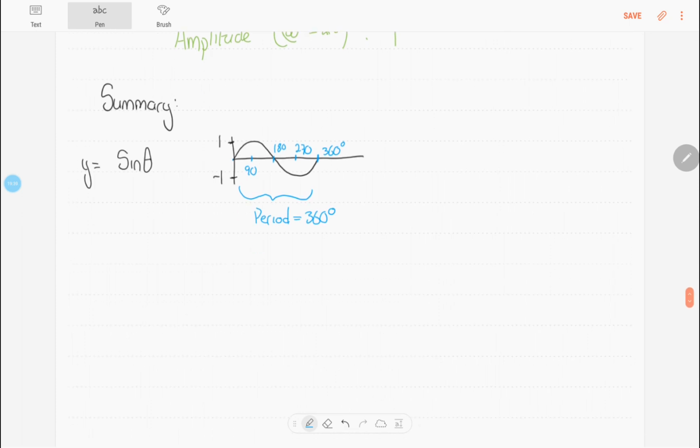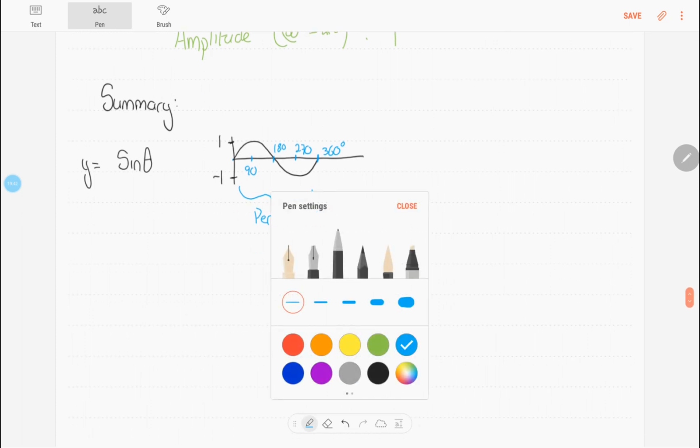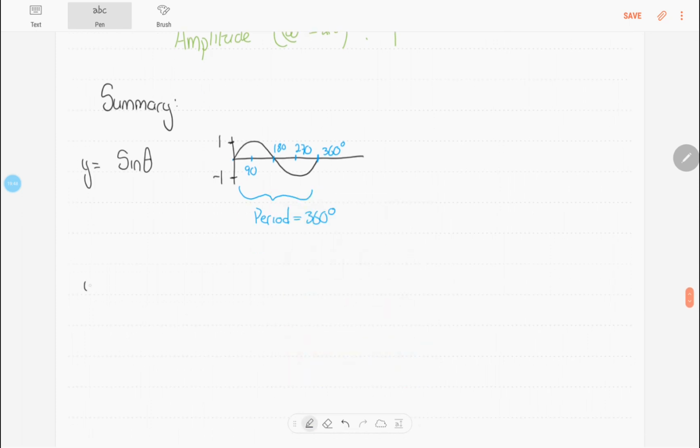Now we have our cos graph. Y is equal to cos of x. It can be anything, I'm just including variables now so you're used to it. Our cos graph looks very similar, except it starts at 1, goes down at 90, all the way down at 180, goes back up at 270, and then starts again at 360.